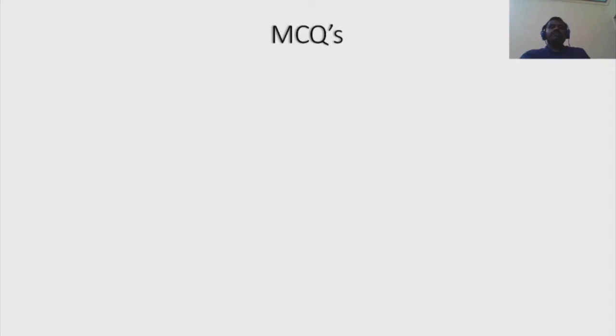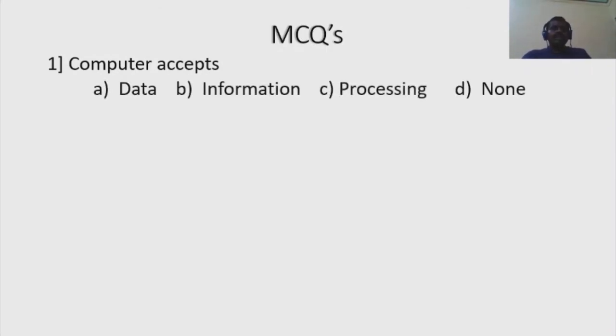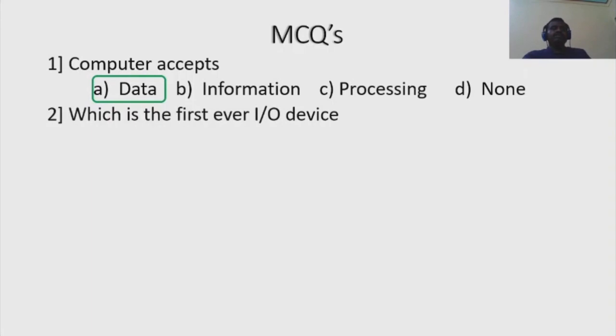Followed by MCQs, that is multiple choice questions. Computer accepts: data, information, processing, none. So computer accepts data, that is the right answer. Next question: which is the first ever input output device? IO means input output device.